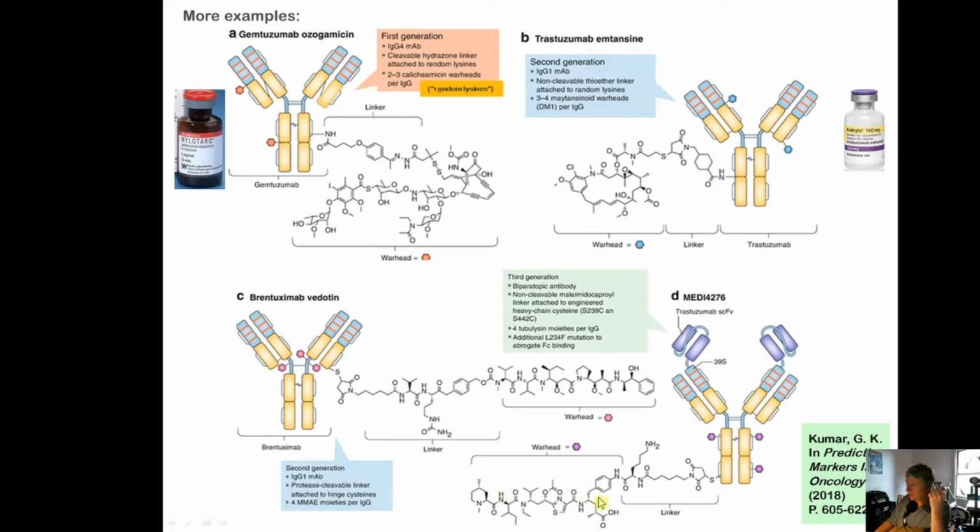It uses tubulysin, which is a modern third generation antimitotic peptide that also binds to tubulin and prevents mitosis. And this one is linked through a maleimidocaproyl linker, and this is attached through a several carbon chain here, and it's also attached to cysteines.